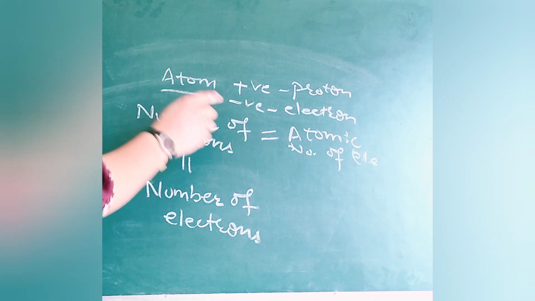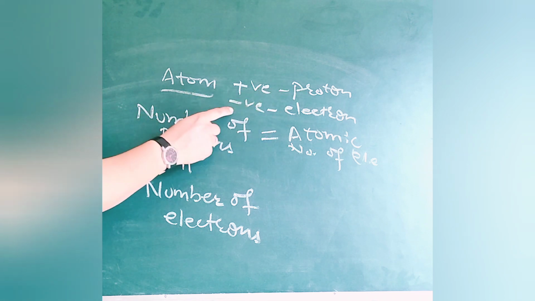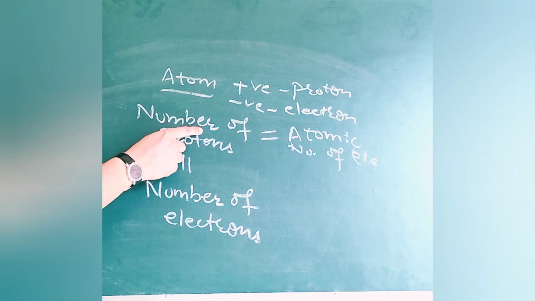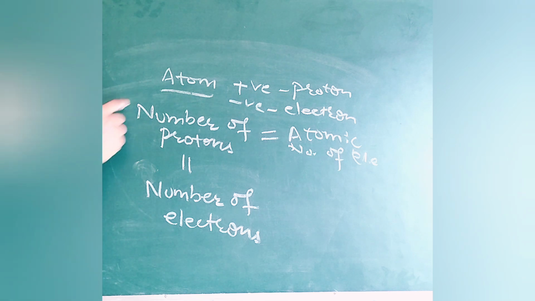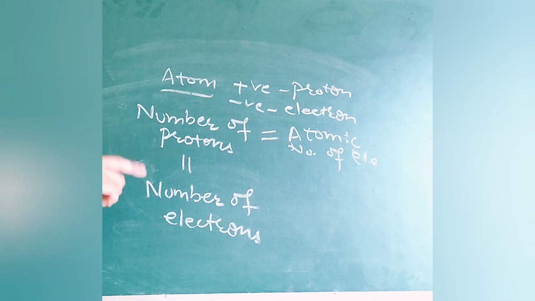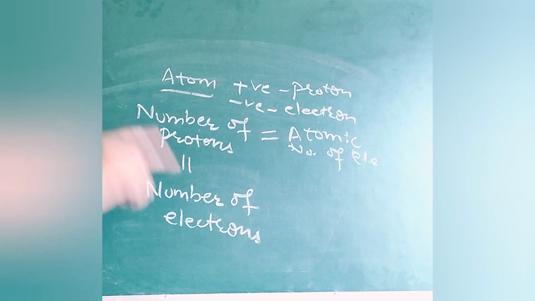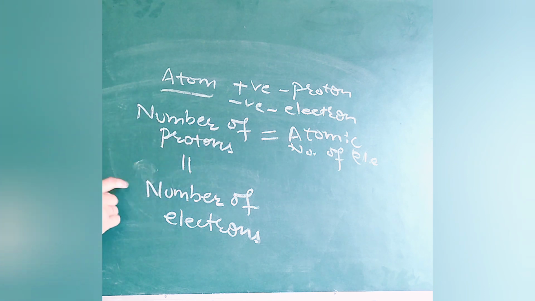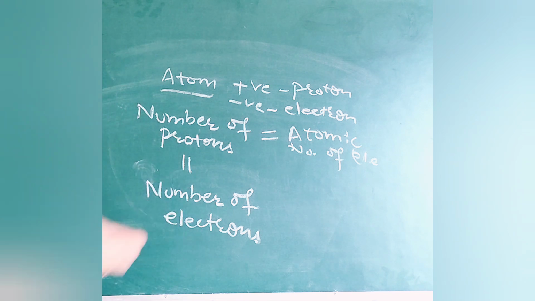Here we are saying atom carries positive charge due to proton and negative charge due to electron. That means positive is carried by proton and negative by electron. They must be in same numbers to maintain the neutrality. Positive and negative charge equally present in atom. So number of protons is equal to atomic number of element. That is also equal to number of electrons.